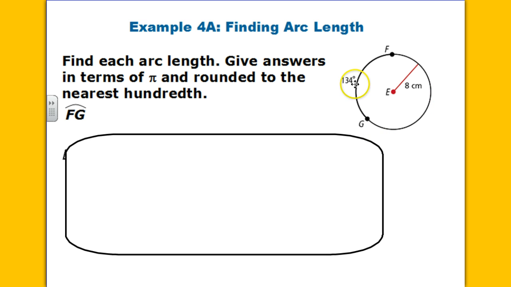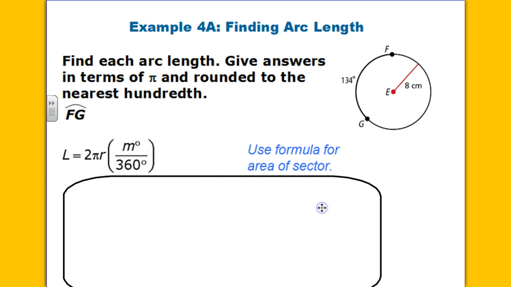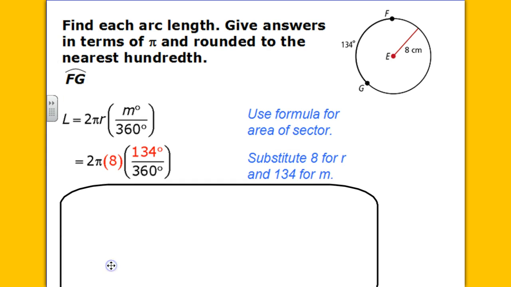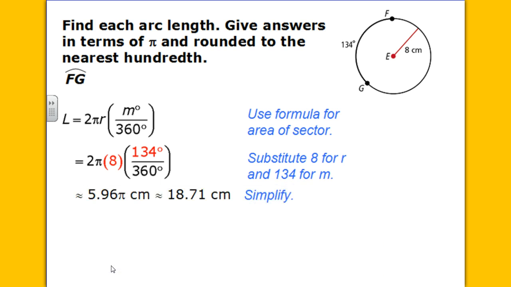So this part over 360, the whole, times circumference, which is 2 pi r, or pi d. And we plug in these values. And go ahead and pause, come back and check your work. And you should have 5.96 pi, approximately 18.71 centimeters. This is linear, so centimeters.